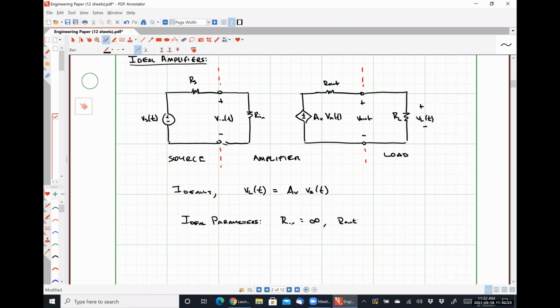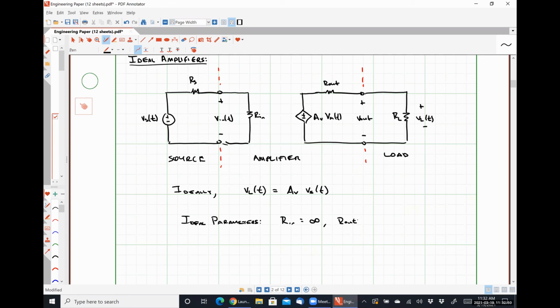Now, under that condition, we have Vn is equal to Vs. It's amplified by this voltage AV. So here we have AV times Vs. What value of R out makes V out equal to AV times Vs? Zero, right.